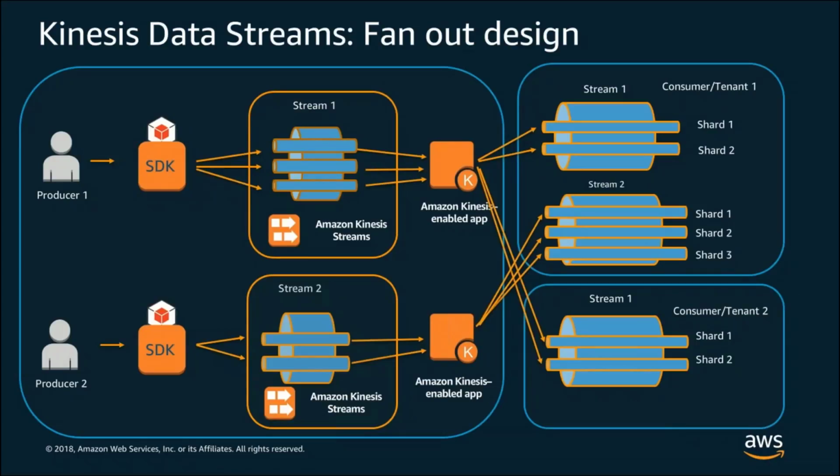The shared model with Kinesis Data Streams can be implemented in customer environments using what is called a fan-out design. In this design, multiple producers can use the AWS SDK to write to different streams, and the data pertaining to those streams can be read by the Kinesis-enabled application or the KCL app, which in turn reads those messages and directs them to streams pertaining to different tenants.